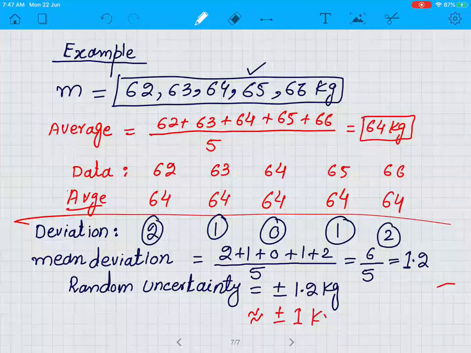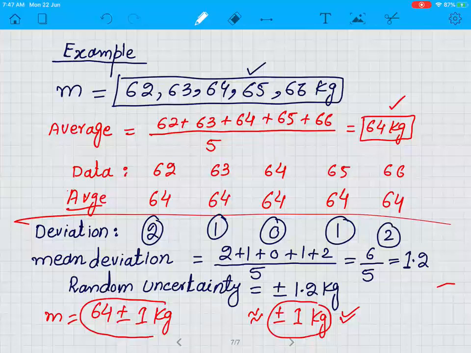Now, how will you record the data? Your average was 64 kg, and your random uncertainty is 1 kg. Now you write m is equal to 64 plus minus 1 kg. This is the method to record the data with random uncertainty.